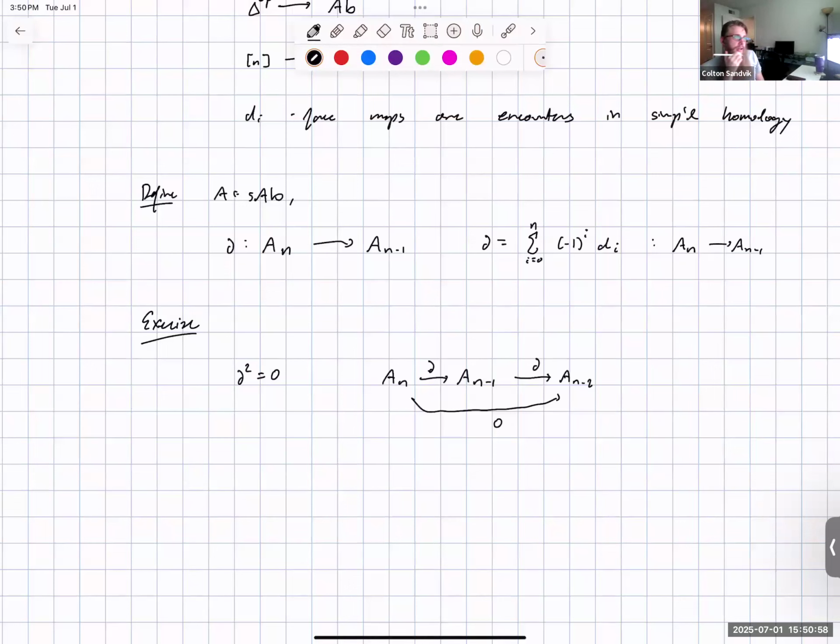I think partly one aspect of this is that we're working with abelian groups, which is quite nice. If you change the category that you're working in, this quickly becomes different. There are versions of Dold-Kan that use a lot more.